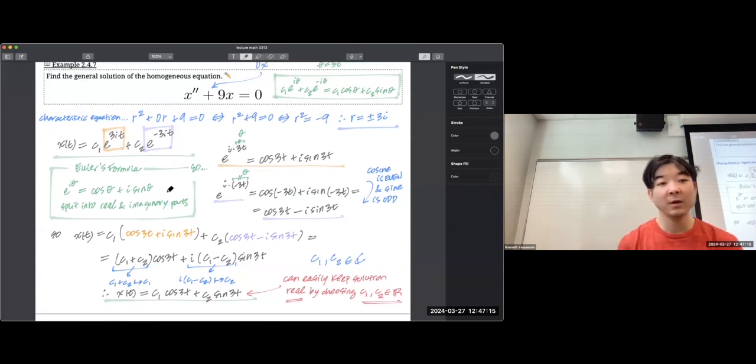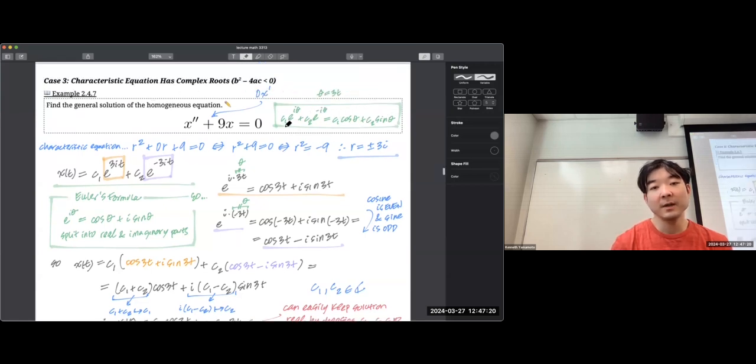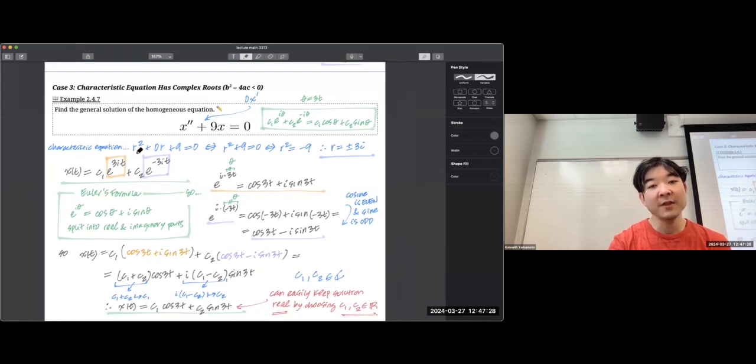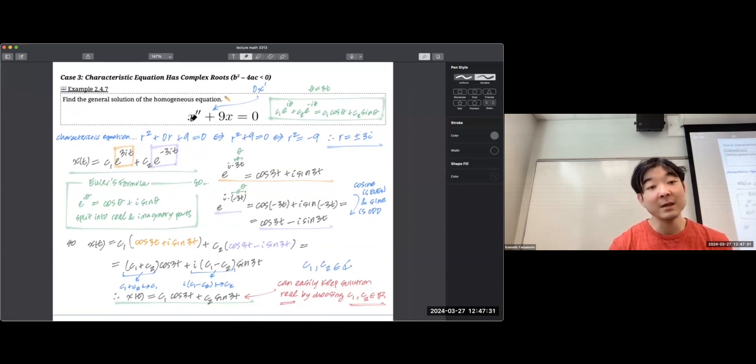So what did that end up becoming? Here, this green box, apparently I wrote this here, so it's useful. You have c1 e to the i theta plus c2 e to the negative i theta. For this problem right here, our theta was 3t because it's 3it. So i theta will equal 3it if theta was equal to 3t. The conclusion was that you can do all this work, but you'll end up getting that you can rewrite this to c1 cosine of theta plus c2 sine of theta.